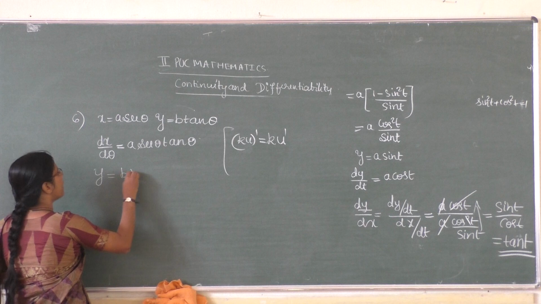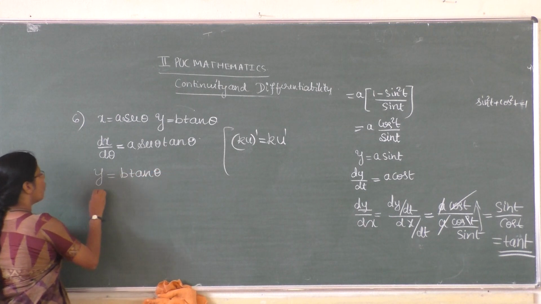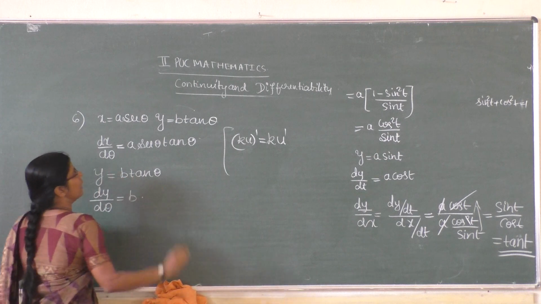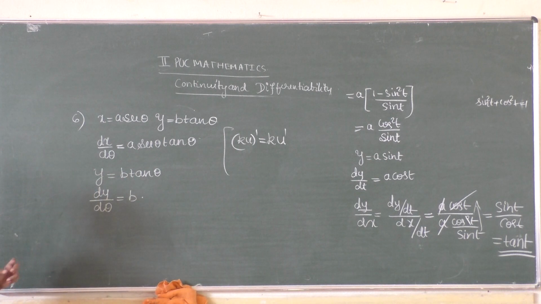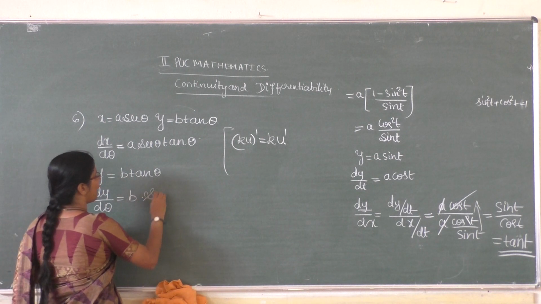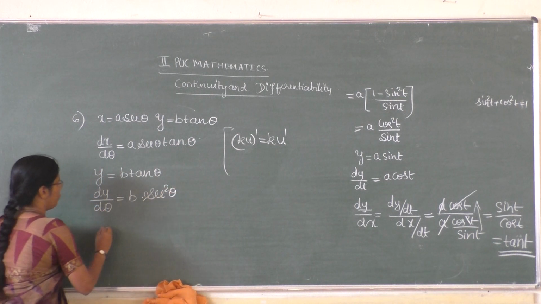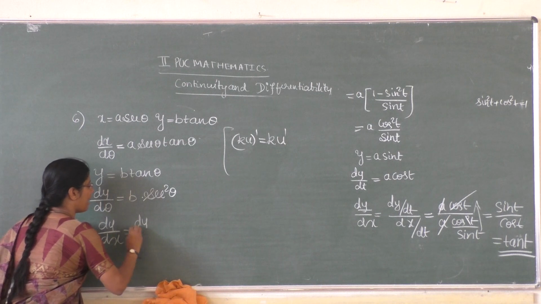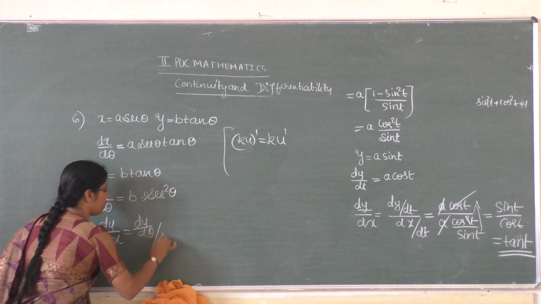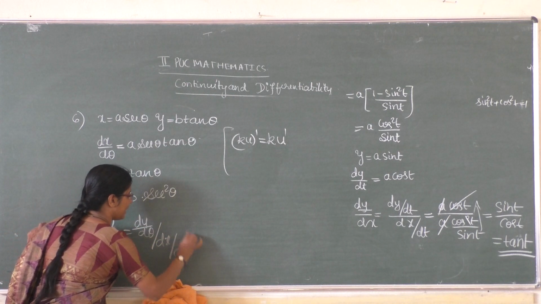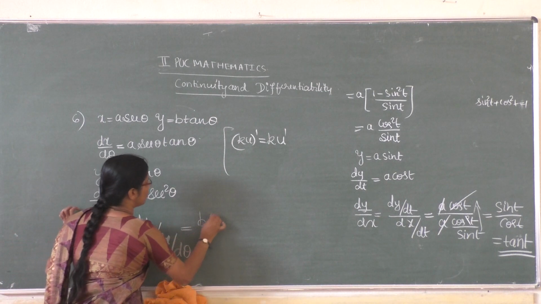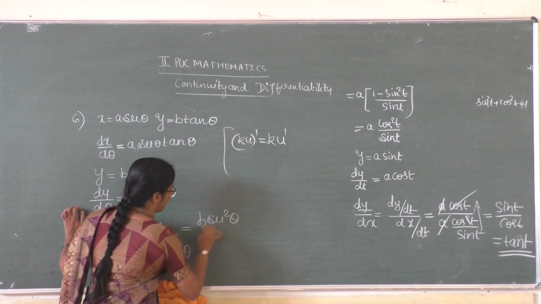So y is b tan theta, therefore dy by d theta is b into derivative of tan theta. Derivative of tan theta is secant square theta. So dy by dx is equal to dy by d theta divided by dx by d theta. Now what is dy by d theta? That is b into secant square theta.